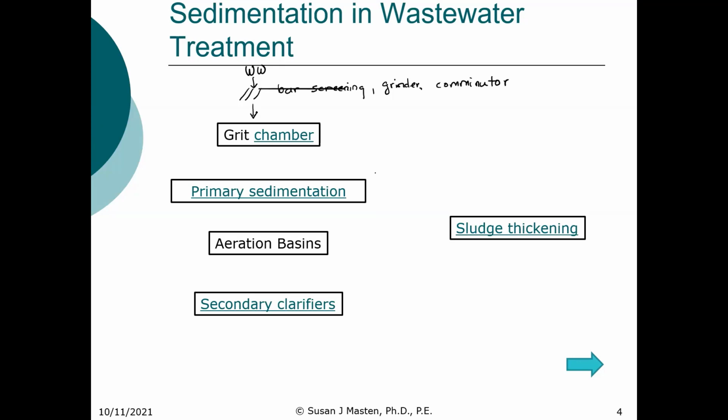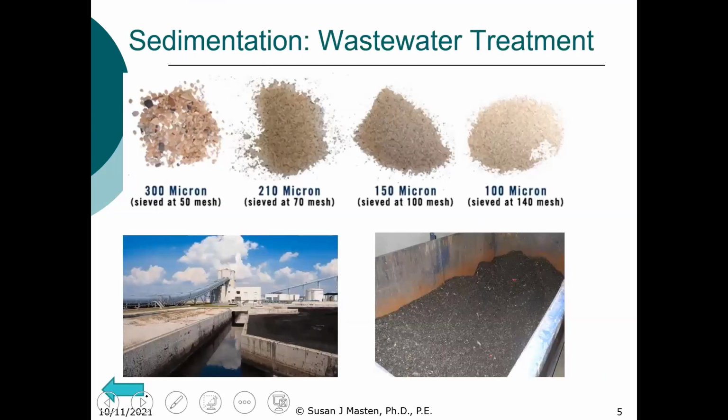The effluent from that then goes into a grit chamber. The grit chamber is essentially a sedimentation basin, which is what we'll look at today, that removes fairly large material. This can be sand that's gotten into the sewer system, eggshells, coffee grinds, anything that is relatively large, typically about 100 to 300 microns in size.